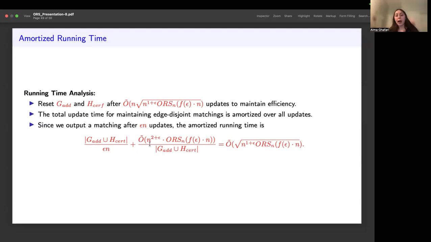So we can amortize the running time of n squared times ORS of n over the size of these two graphs. By picking the right threshold for the size of these graphs, we get to the square root of n ORS running time.